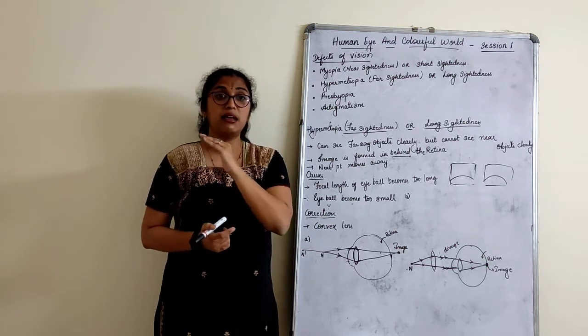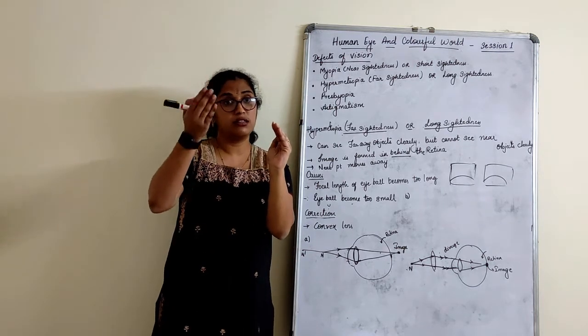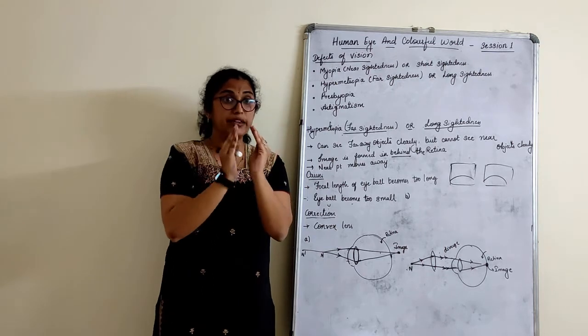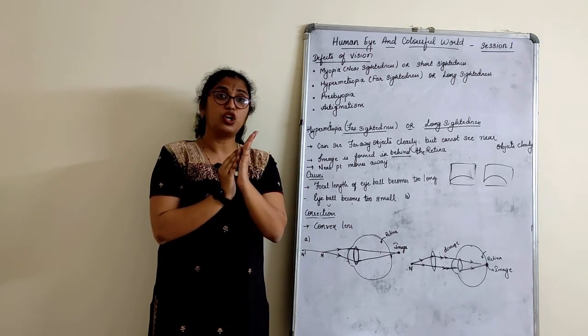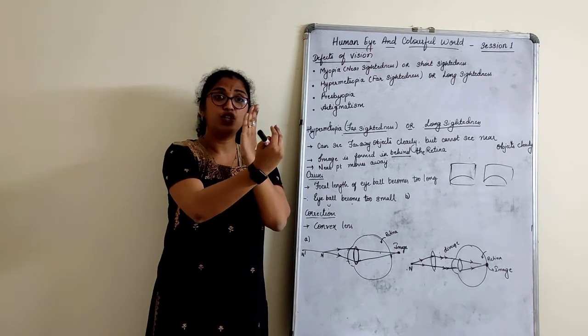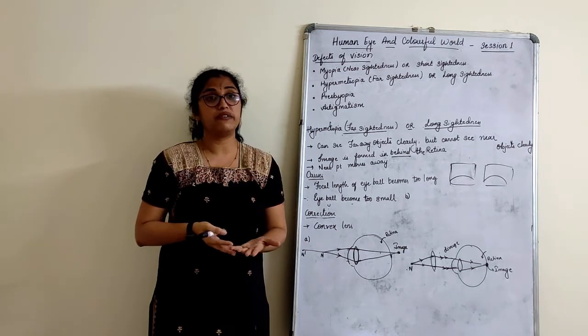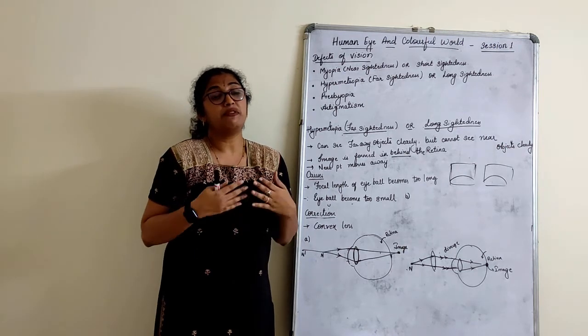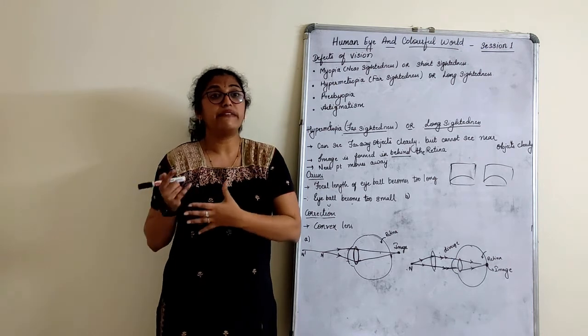How does it refract? Because the cornea is bulged, as we discussed in the beginning. But if it is not bulged, the light entering will not refract properly. If it does not refract, how will we see?